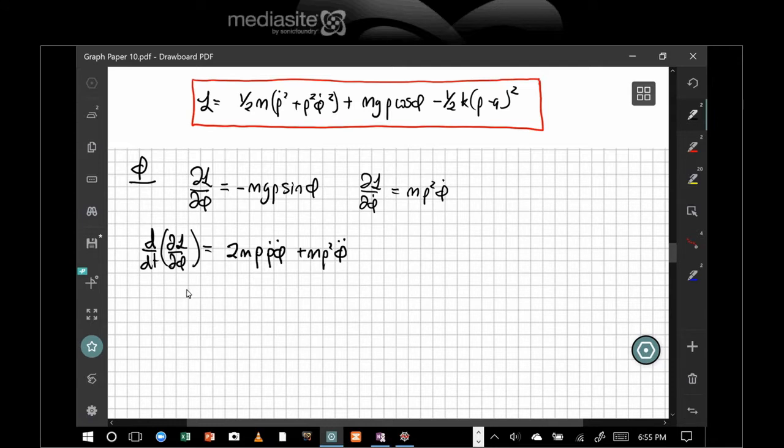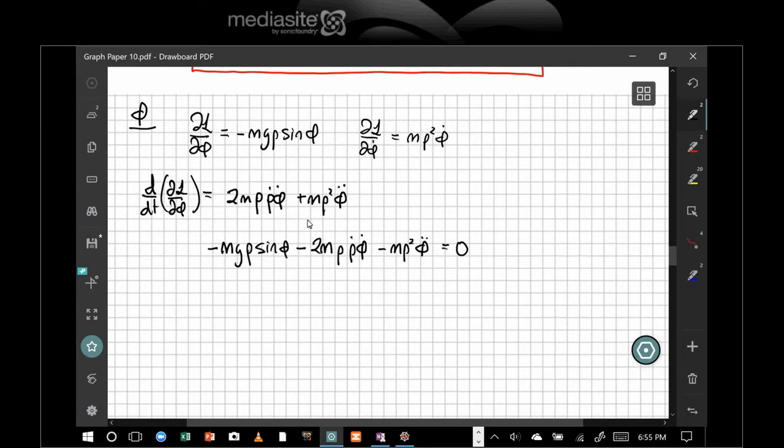So now we've got everything. We can stick that into the Euler-Lagrange equation. I'm going to take this thing minus this thing here. That's going to give me minus mg rho sine of phi minus 2m rho phi dot rho dot minus m rho squared phi double dot equals 0.